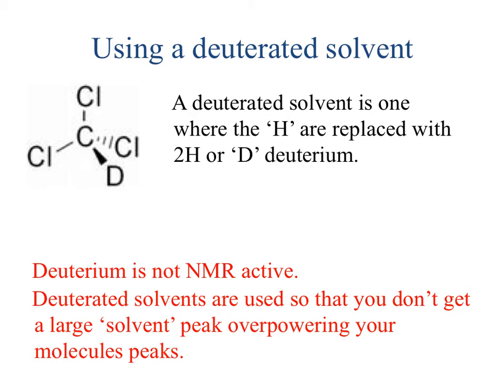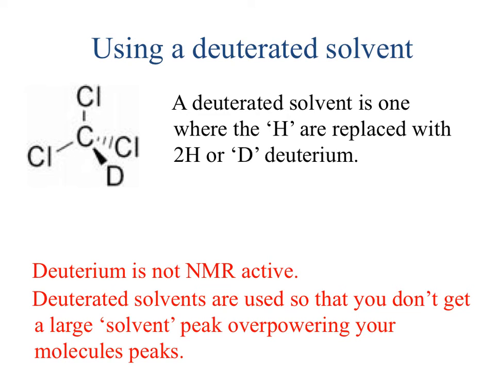So if you think about it, we've taken our solvent, we've taken all the normal, if you like, hydrogens out of the solvent, and remember we're dealing with the atoms that hydrogens in the sample are attached to, so therefore we're picking a solvent without any hydrogens that our NMR machine can pick up.